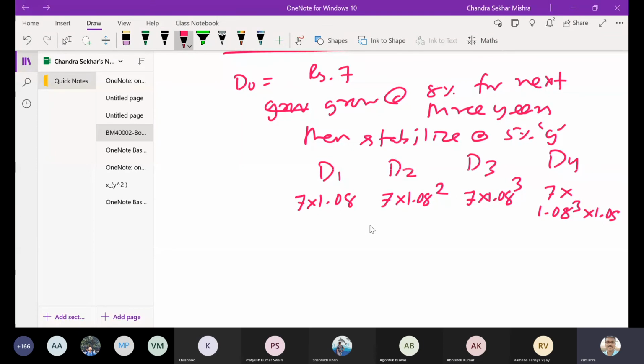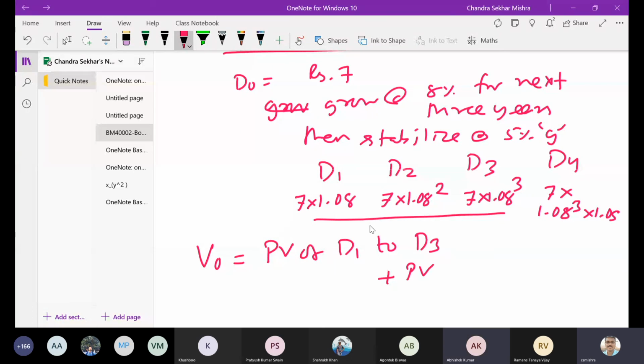So what do you do now? What is the value now? Value is the PV of D1 to D3, where you find the discount factor value, plus the PV of terminal value. Tell me, terminal value at year 3 or 4?